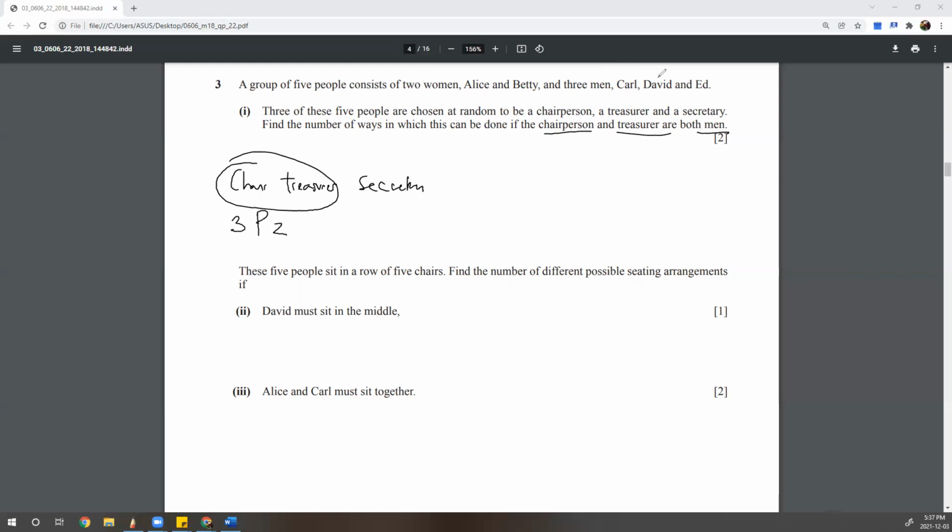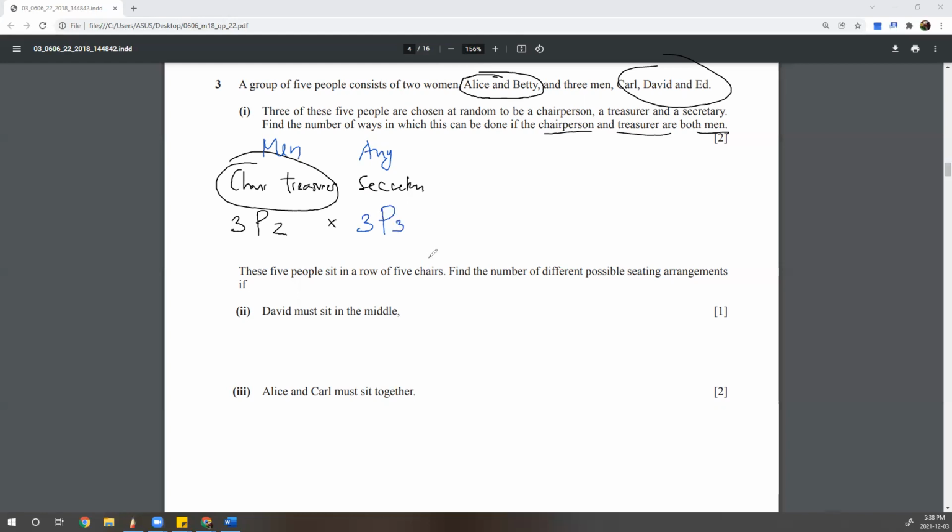Why 3? Because out of 3 only you pick 2. And then times by Alice, Betty, 2P1. Okay, this is supposed to be taken by a man, and this can be, oh wait, this can be any. Sorry, this is not 2P1. After you get 2, how many people left? 5 minus 2, 3, right? 3P3.